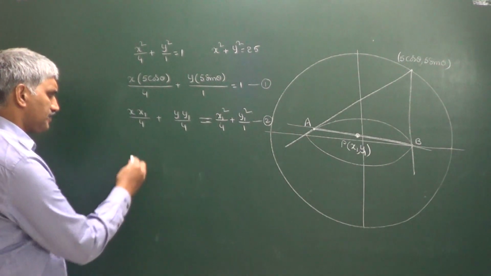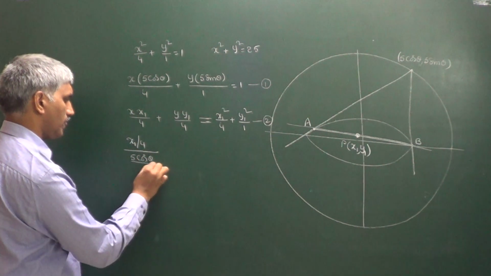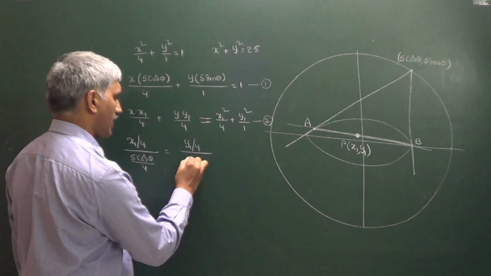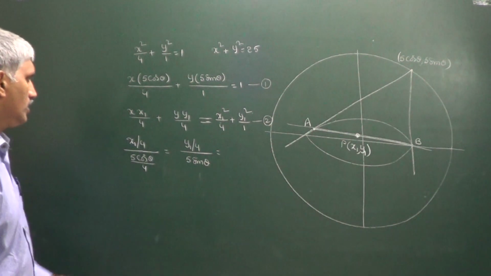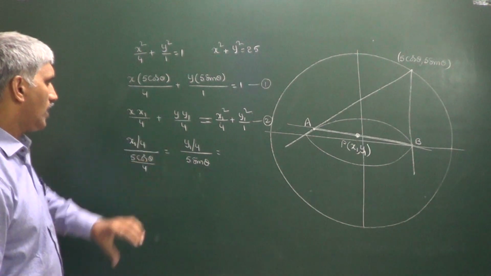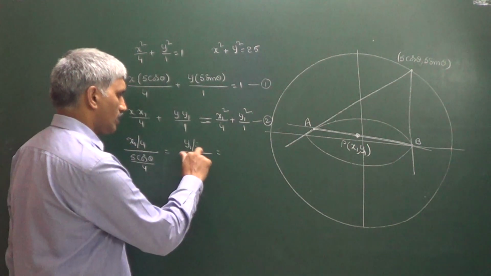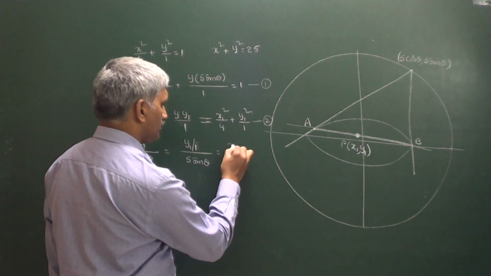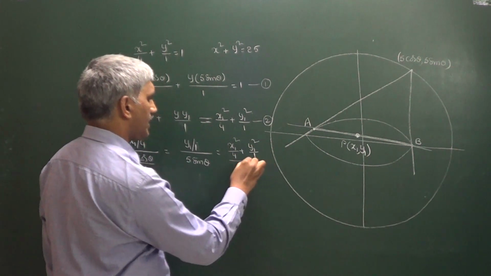That's why, comparing, x1 by 4 over 5 cos theta by 4 equals y1 by 1 over 5 sin theta by 1 equals the constant, x1 square by 4 plus y1 square by 1, over 1.